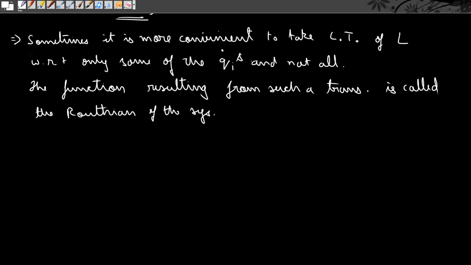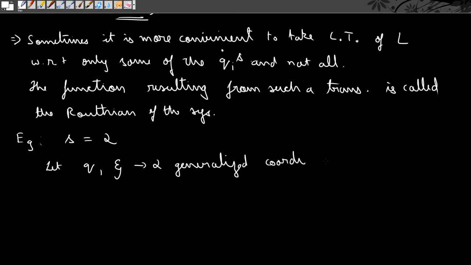To understand this, let us consider an example where our degrees of freedom is equal to 2. This implies we can describe the system by using just two independent generalized coordinates. Let q and xi denote the two generalized coordinates.